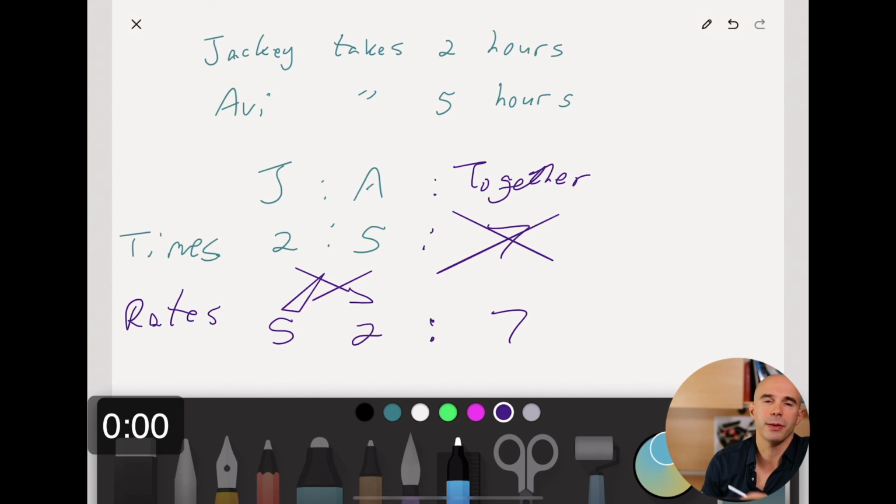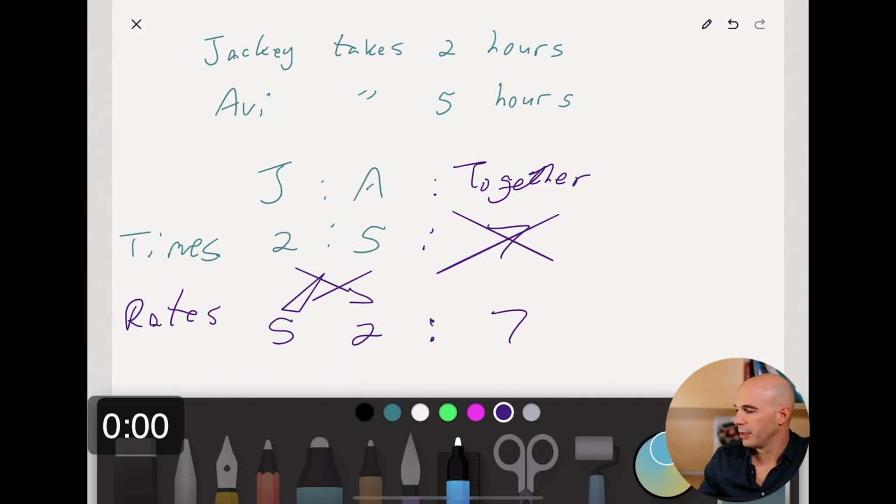That's exactly right. So the ratio of work done will match the ratio of the rates. Does that make logical sense for you? Whoever is faster will do more of the work, and they're positively correlated. So in this example, Jackie would do 5/7 of the total job, and Avi would do 2/7 of the total job.